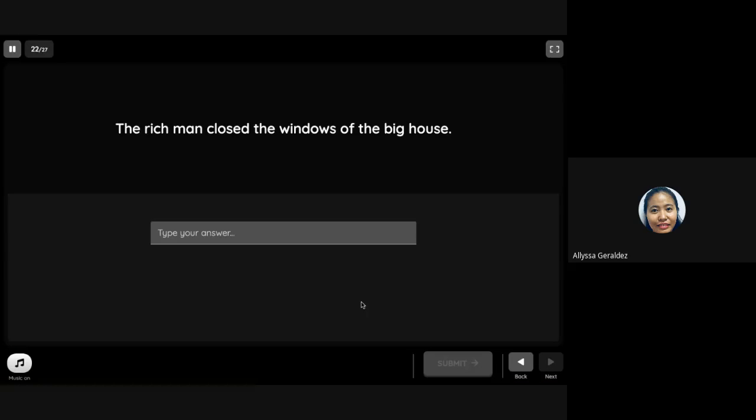Next, the rich man closed the windows of the big house. The statement is active, so we change it into passive. The windows of the big house. Don't forget the preposition, of the big house.